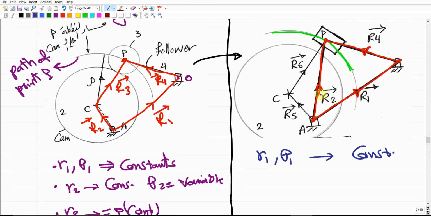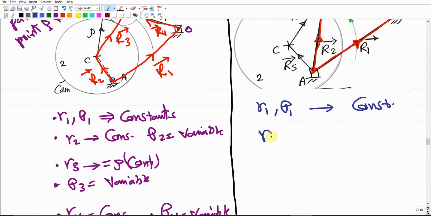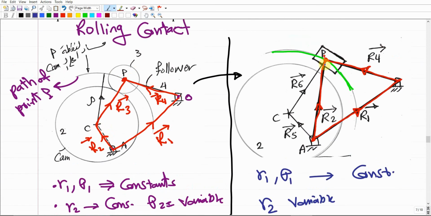But how about R2? R2 is going to be variable. Why variable? Because the distance between point P and the point of rotation is going to increase and decrease depending on the rotation of the cam. Assume that this cam has been rotated all the way to the right, so this distance becomes shorter.